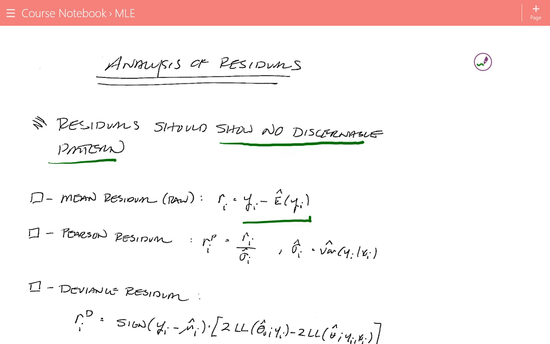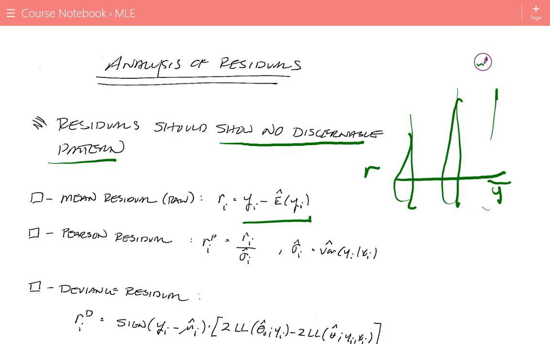So if I were to plot the residuals with y hat, which is the mean, I would expect the residuals to have a gamma shape where it's getting larger variance as the mean goes up, because the variance is in fact a function of the mean, right?